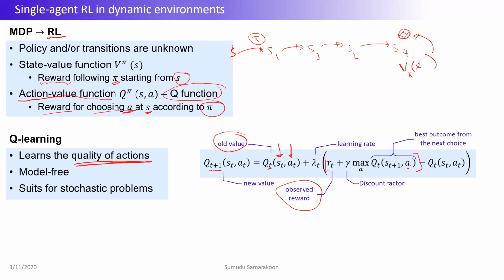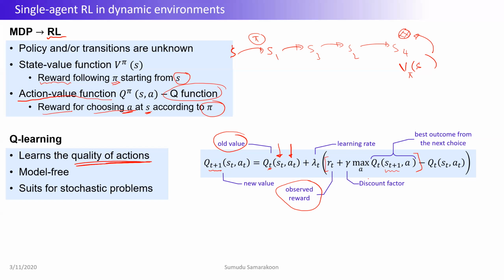Out of all these choices, we would get different Q values. So we pick the action that yields the best Q value at state t plus 1.